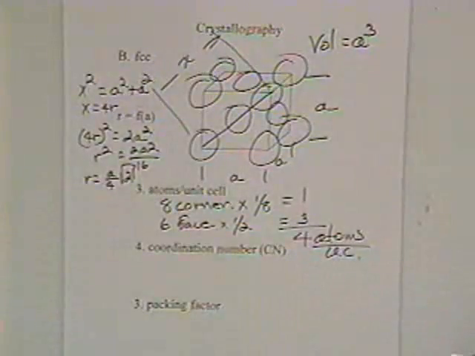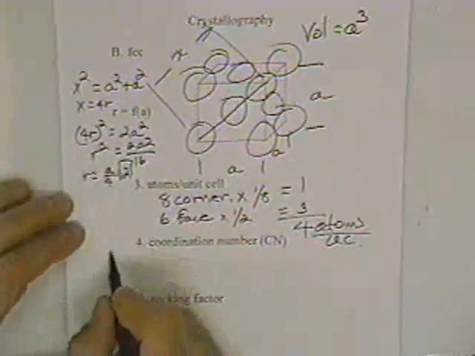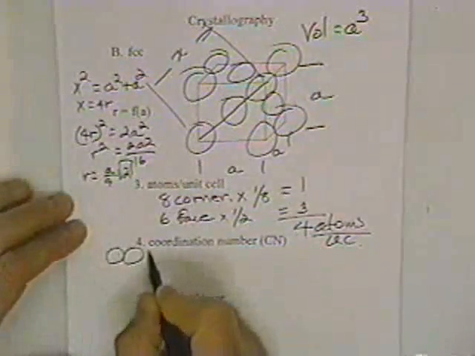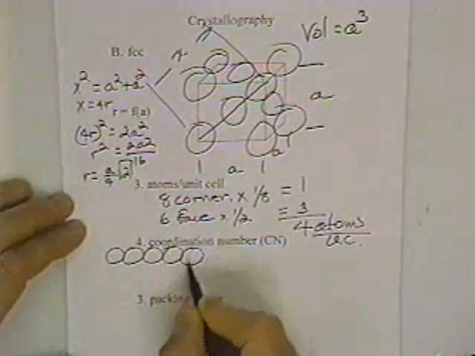Now, this is called a close packed structure, and this and the next one, hexagonal close packed, are both close packed structures. So it has a higher coordination number than the body-centered cubic. Now, close packed structure means that it's made up of close packed planes.